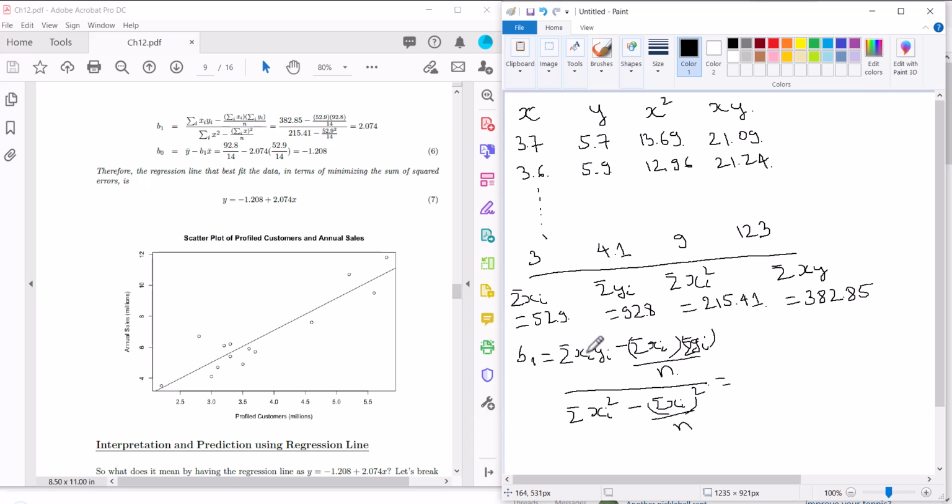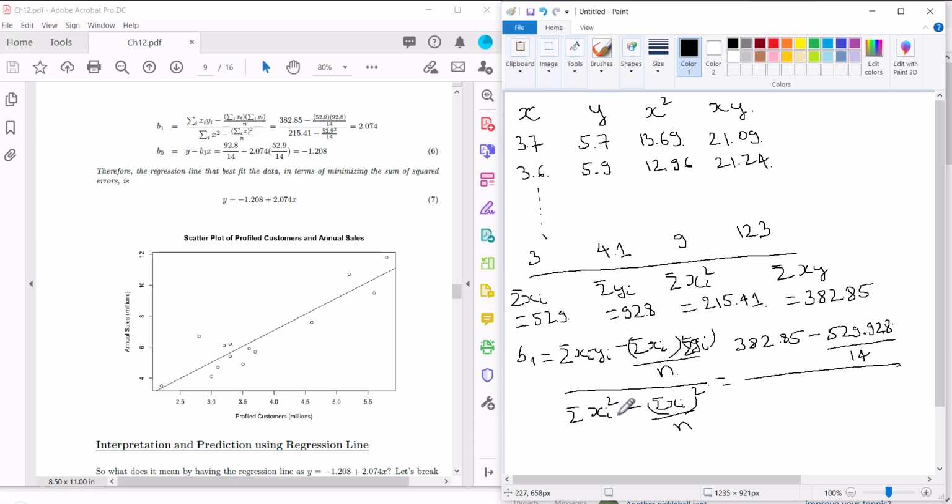So let's plug in the numbers. Sum of xi yi should be 382.85, minus sum of x times sum of y, which is 52.9 times 92.8, divided by 40. That's the numerator.